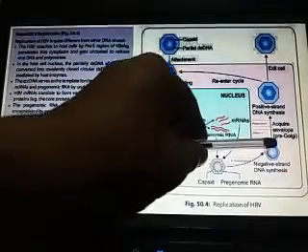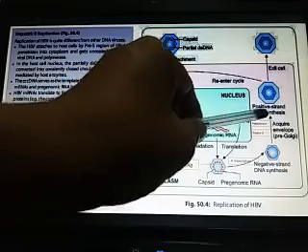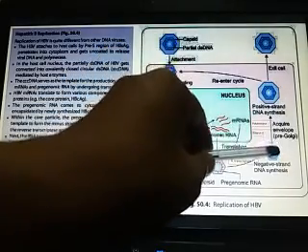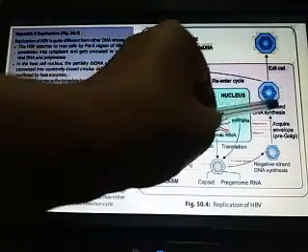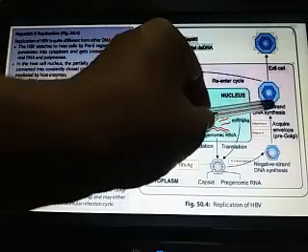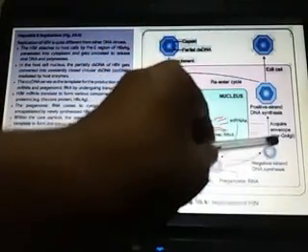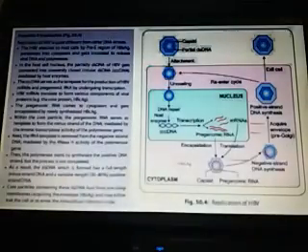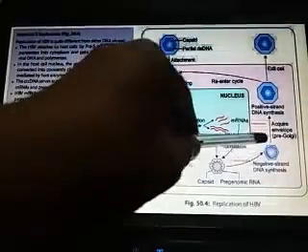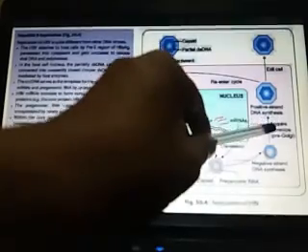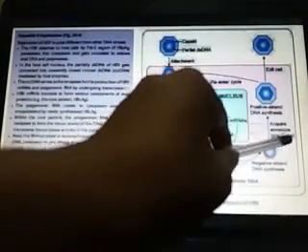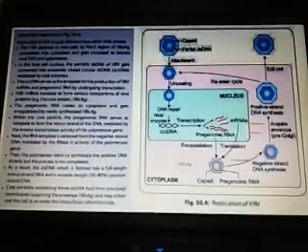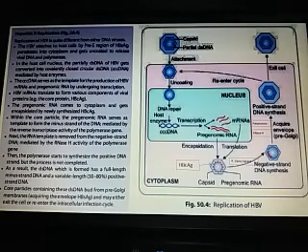And after the synthesis of the positive sense DNA from the negative sense, now these core particles, that is the core proteins, have partial double stranded DNA, and after that it acquires envelope from the Golgi body.